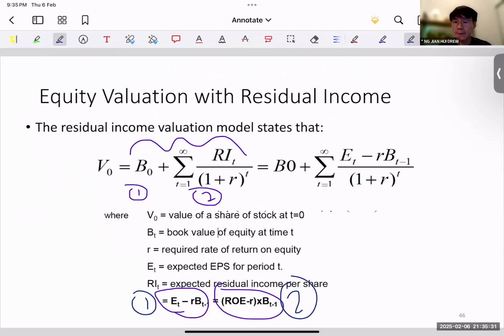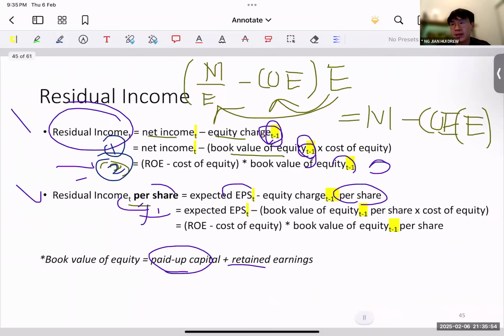So let me just repeat this one more time. The residual income valuation model consists of two parts: your book value of equity and the present value of all your residual income. So residual income only comes in on the second part. Payout capital is basically how much is invested by the shareholders at the start.